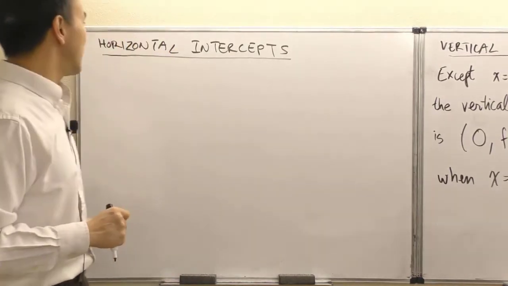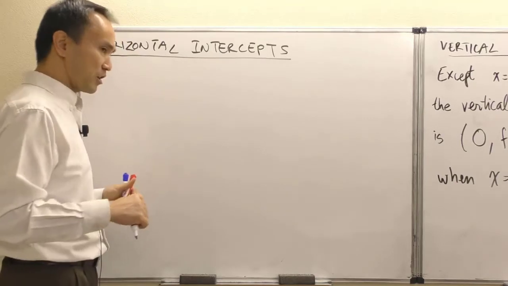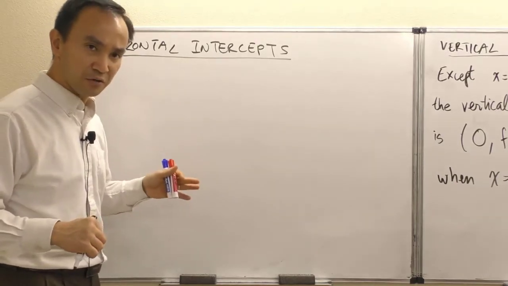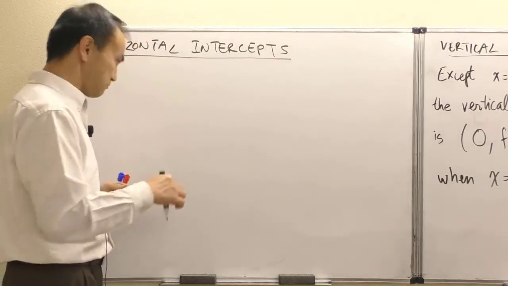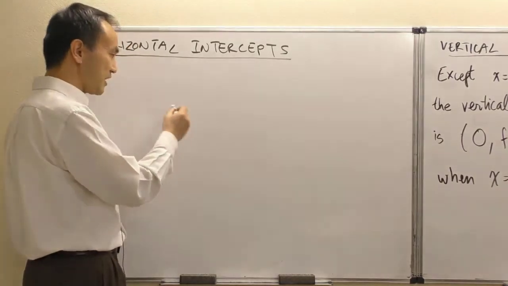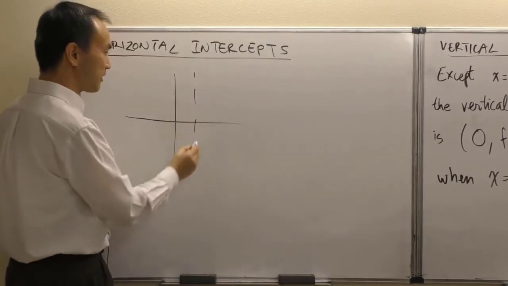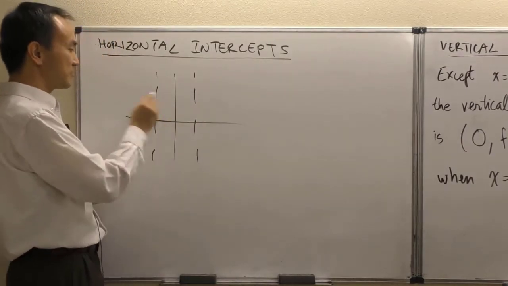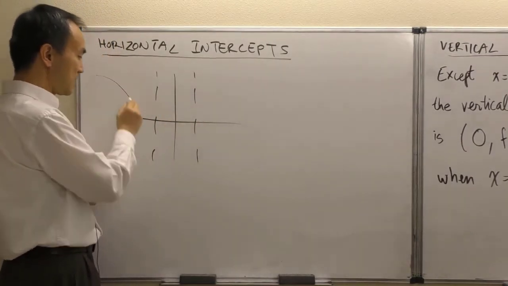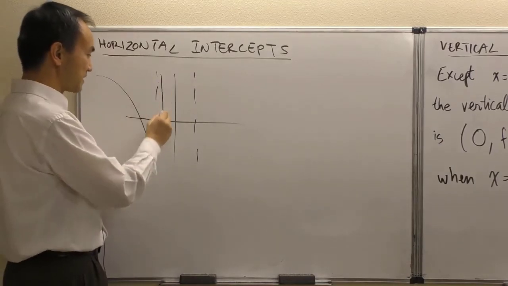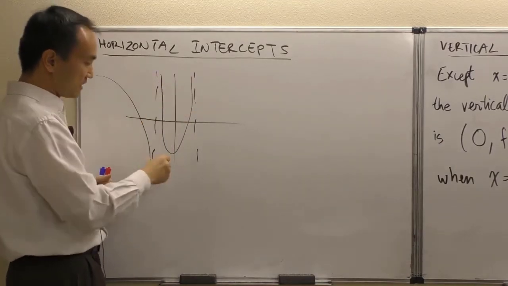So, horizontal intercepts. Let me start bringing up a few demonstration problems. As you have already seen, we have a rational function and maybe some vertical asymptotes, and the function may have some asymptotic behavior around these vertical asymptotes.